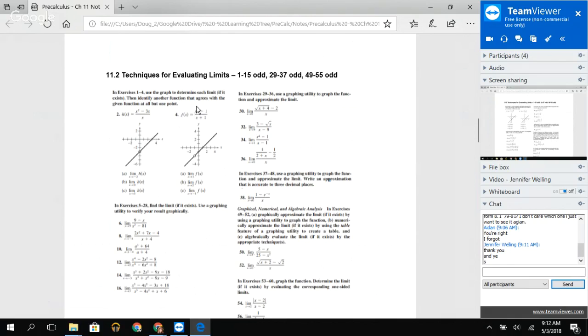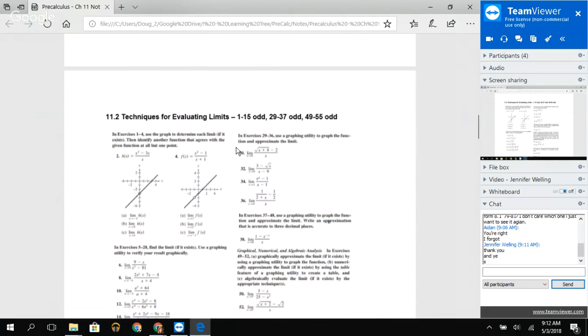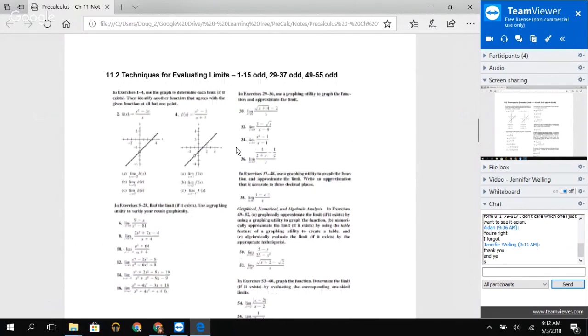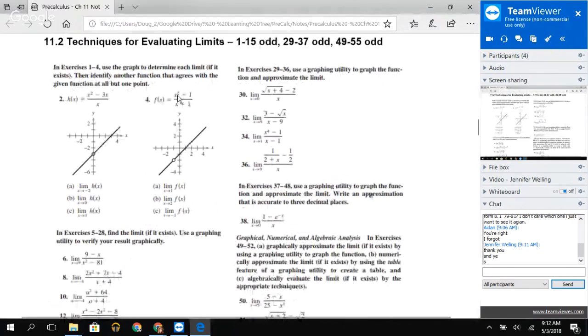Just by looking at this function, you know that if I put in x equals -1, then -1 plus 1 is 0, and I know in math I can't divide by 0. So if I wanted to know the limit as x approaches -1, I know that I'm going to have an issue just plugging in x equals -1.